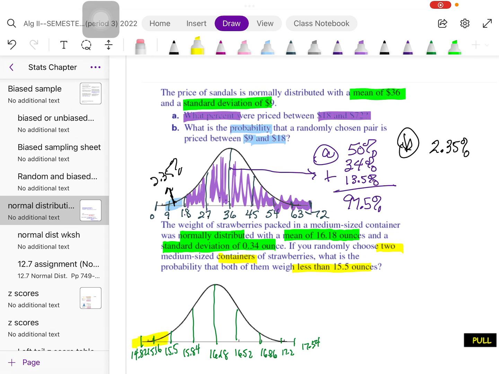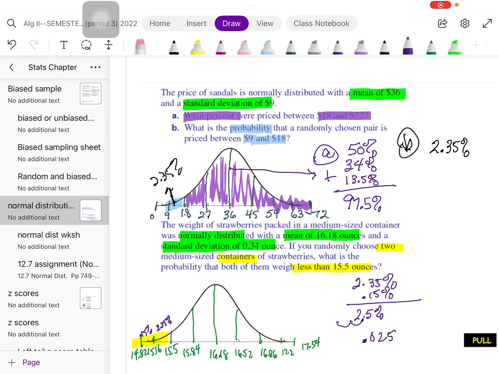So that would be out here. So this is 2.35% and 0.15%. If I add that together, I get 2.5%. So I'm going to change that percent to a decimal. I move this 2 places. So that is 0.025 for 1 container.